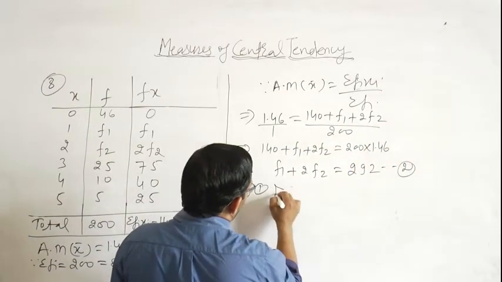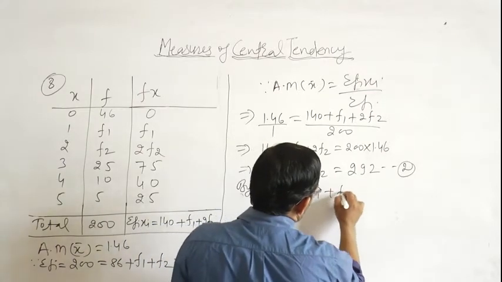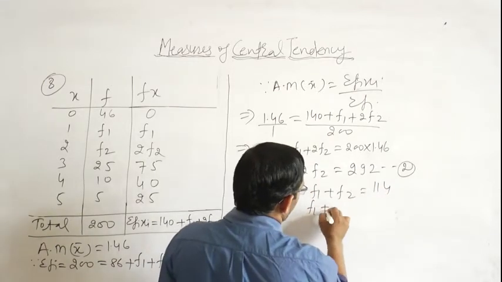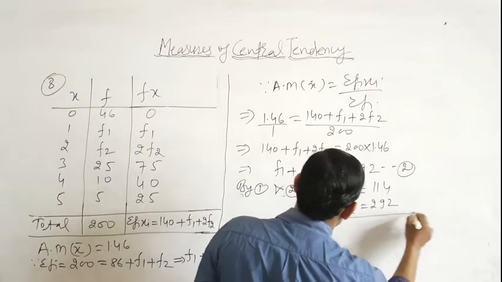By first and second, f1 plus f2 is equal to 114 and f1 plus 2f2 is equal to 292.